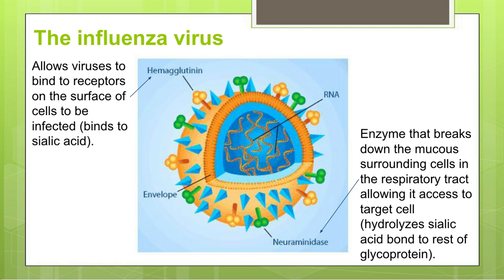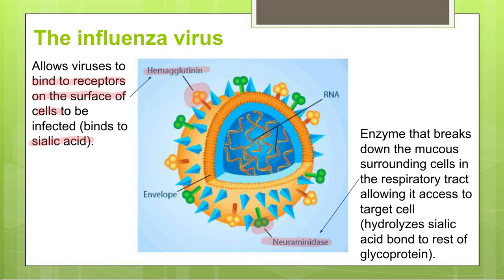Before we do that, though, let's first talk about the influenza virus. The influenza virus has a couple of important features. First is this hemagglutinin. This particular structure on the outside of the virus is going to allow the virus to bind to receptors on the surface of the cell to be infected. And it binds specifically to sialic acid. And then the other one is this neuraminidase.